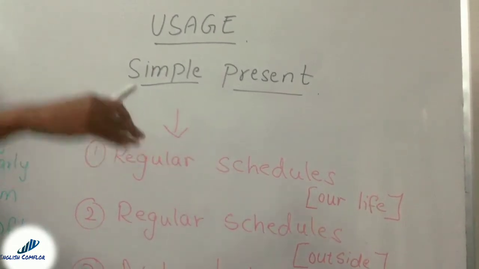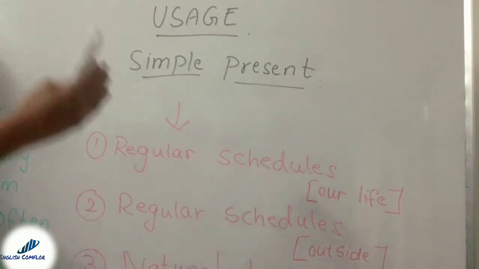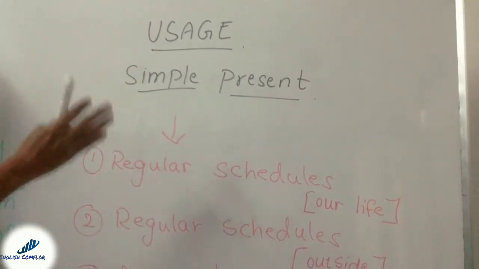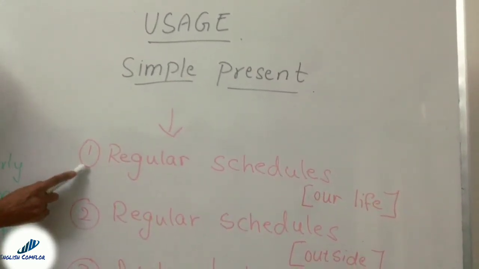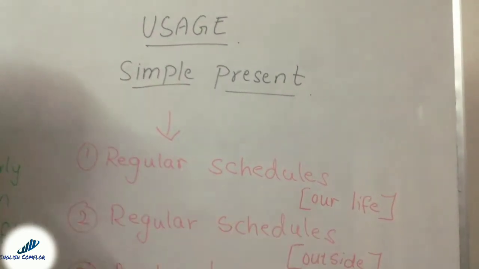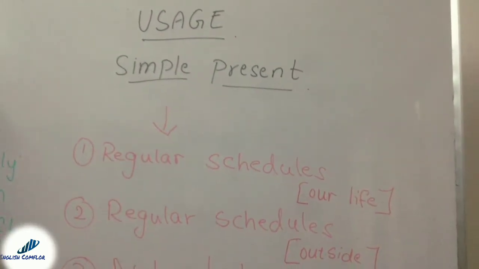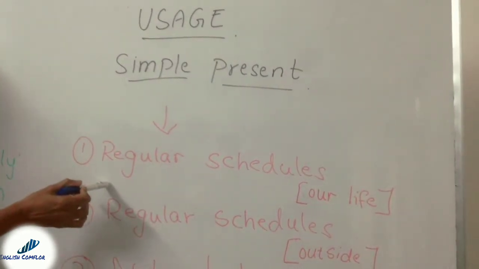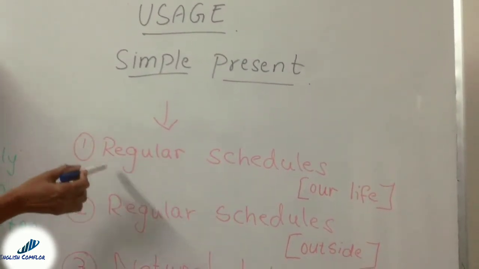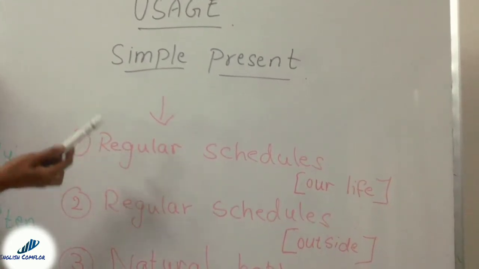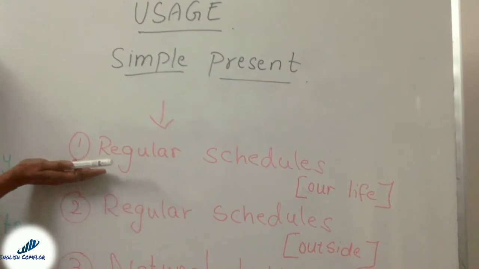Maybe every day or every month or every year, it goes on like that. It continues. Number 1 here, regular schedules in our life. For example, in our life, a lot of things happen on a regular basis. We take a bath, we have coffee, we go to office, we attend meetings every month, like that.